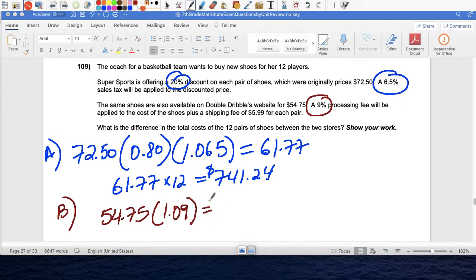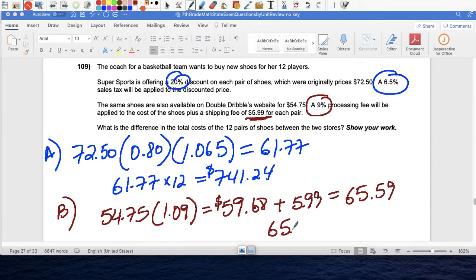If you multiply those two, 54.75 times 1.09, your shoe is now $59.68. Now, I'm only doing one shoe, and for each shoe, they have to pay for shipping. So 59.68 plus 5.99. Yeah, this is a horrible question. So each shoe in this store is $65.59.